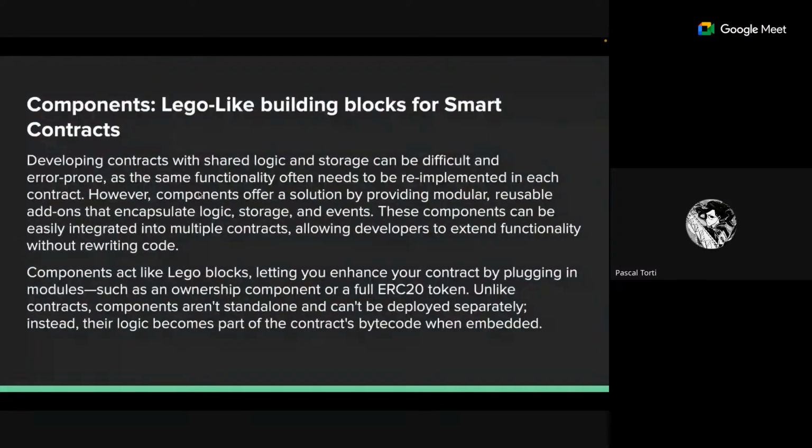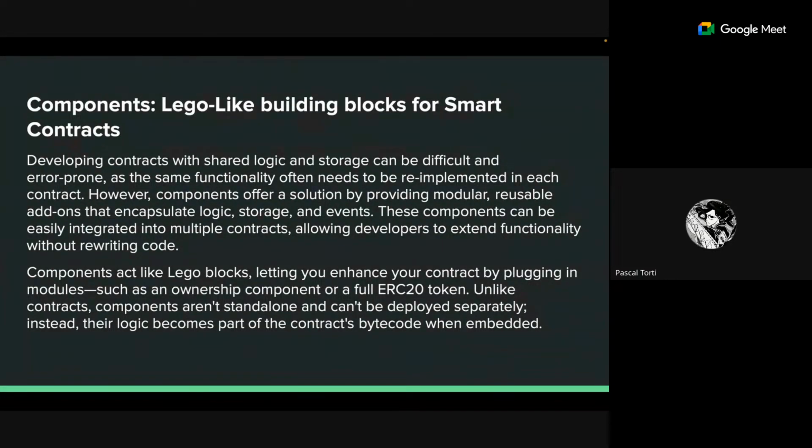They are Lego-like building blocks for smart contracts. Developing contracts with shared logic and storage can be difficult and error-prone, as the same functionality often needs to be re-implemented in each contract. However, components offer a solution by providing modular, reusable add-ons that encapsulate logic, storage, and events.